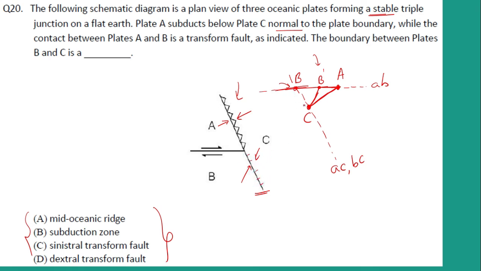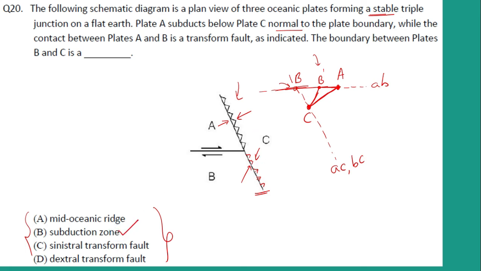Why? Because for this triple junction to be stable, it should overlap this AC velocity vector, and for doing that it should pass through C, and if it is passing through C, C must be the overriding plate. So this is one possibility, and it is absolutely correct. So one answer we have got is subduction zone.